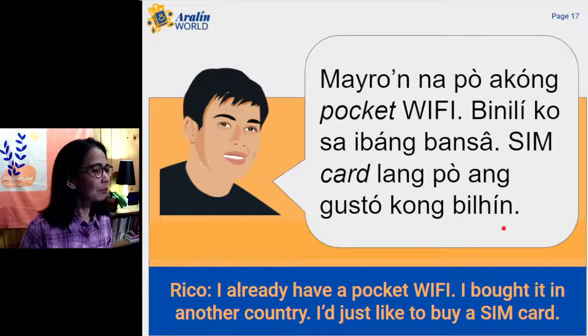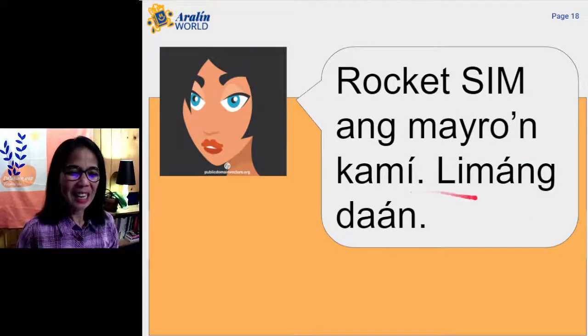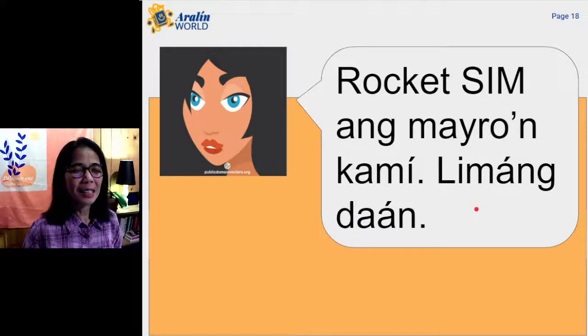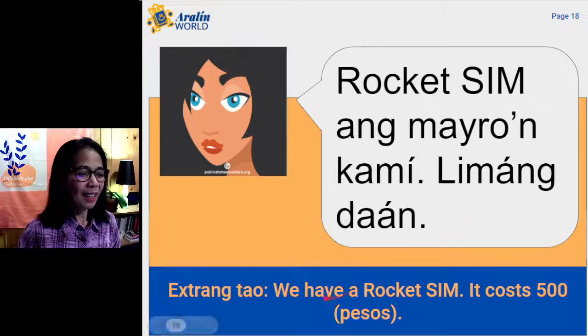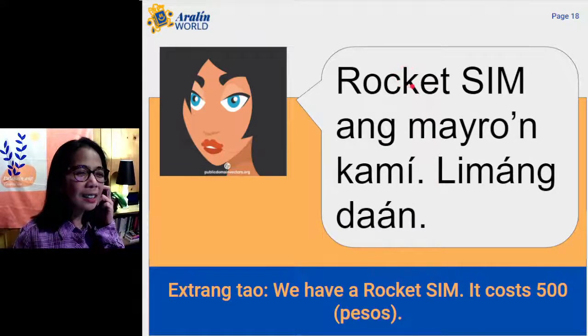Next. Okay, this is what the lady said. Rocket SIM ang mayroon kami. 500. What does it mean in English? We have a rocket SIM. It costs 500, in pesos. Literally, if you would like to translate it, rocket SIM is what we have.